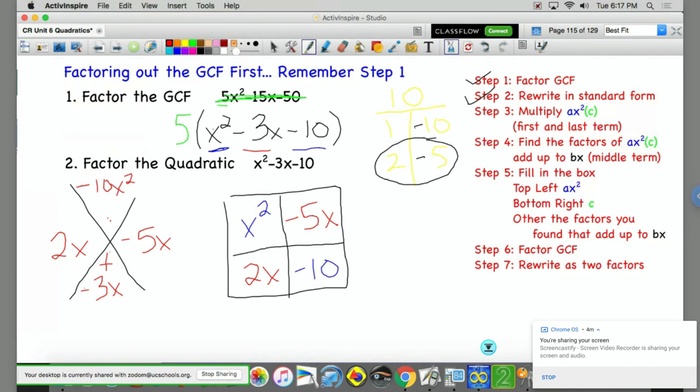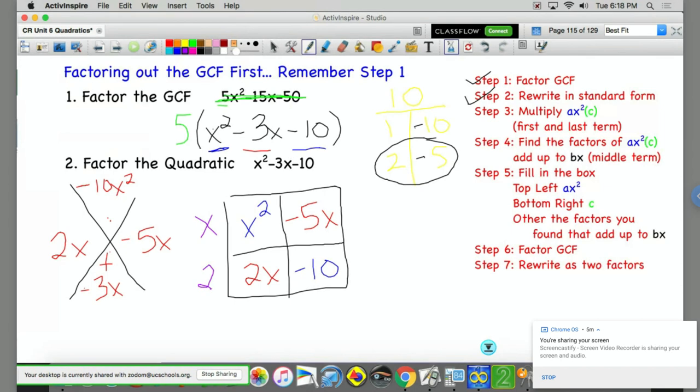So now we just have to pull the GCF out of each column and each row in order to get our final answer. So we have x squared and negative 5x. And so if we're going to factor those out, the only thing they have in common, or their GCF, is x. And then the bottom row, we have 2x and negative 10. So will 2 go into 10? Yes, it will. Since it will go into it, you can factor out a 2.